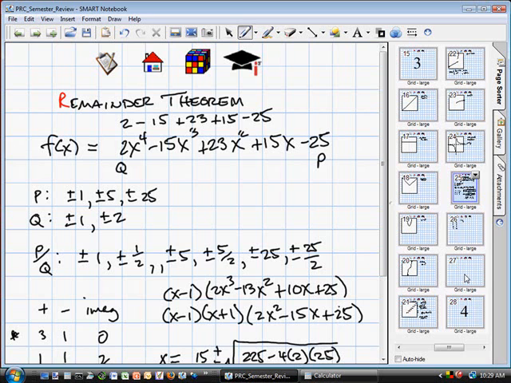Okay. How do you check for y-axis symmetry? You plug in a value for x and plug in the same number with the opposite sign. If the answers come out exactly the same every time, then it's got y-axis symmetry and it's an even function. How do you check for odd functions?